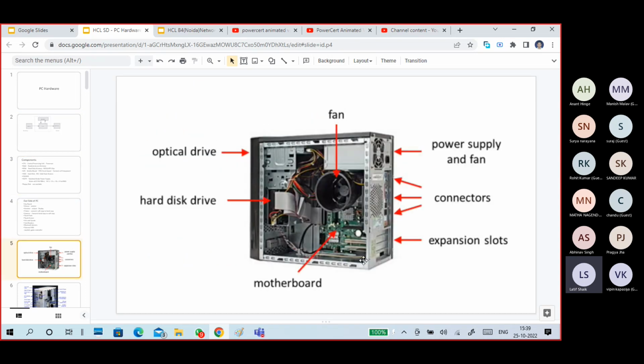Guys, this is the box, we call it a cabinet. Normally we are used to traditional computers. We have laptops now, and we have desktops also.